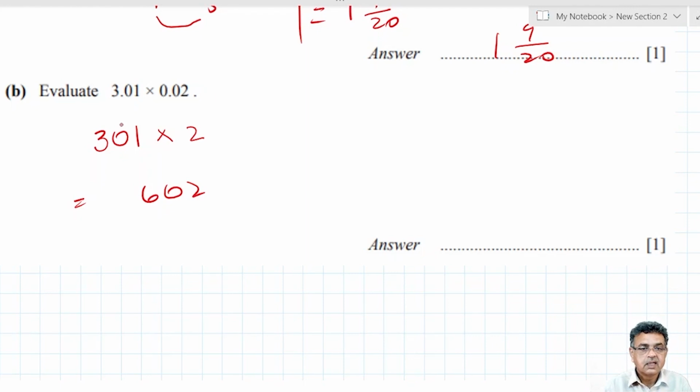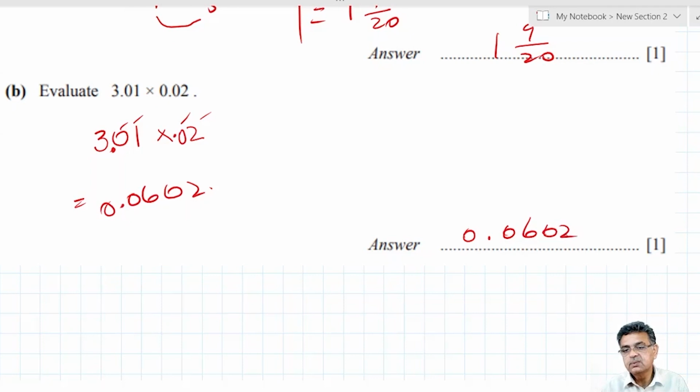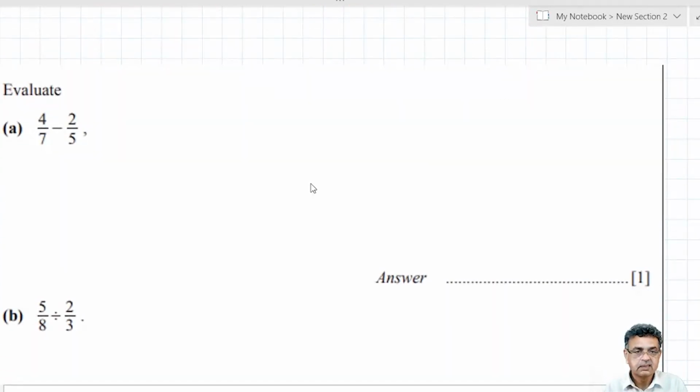After that, consider decimals: 3.01 has 2 decimal places and 0.02 has 2 decimal places, so 4 decimal places all together. So you start from here counting 4 decimal places, 1, 2, 3, 4. So it will be 0.0602. This is the way you can solve this.